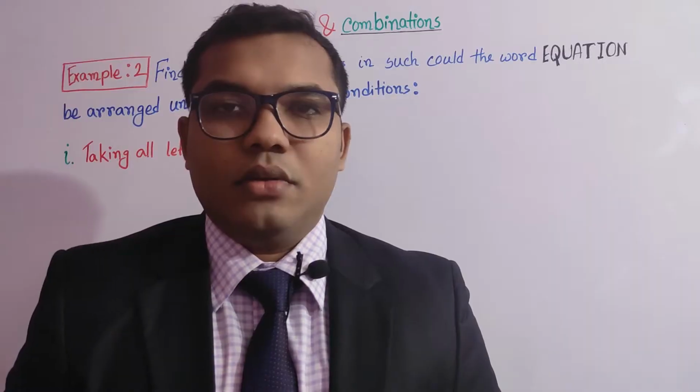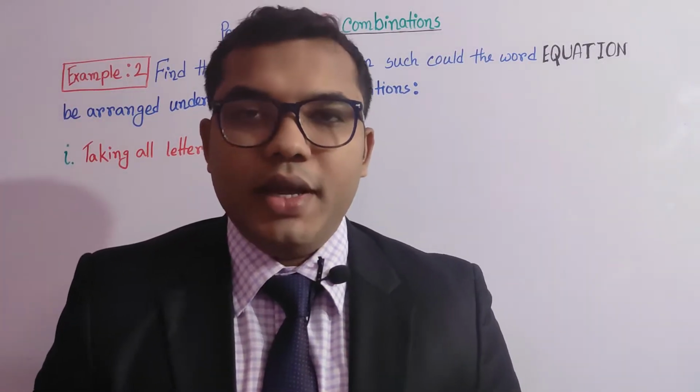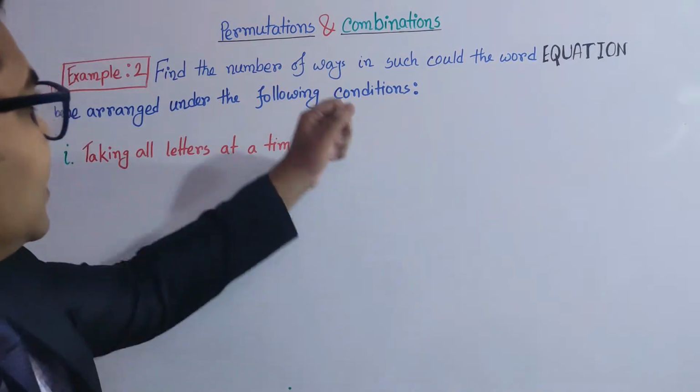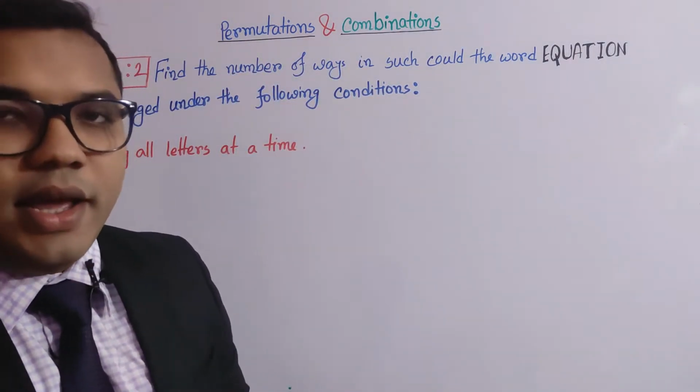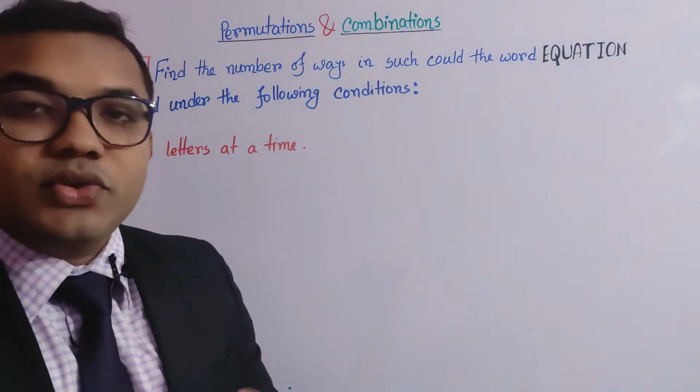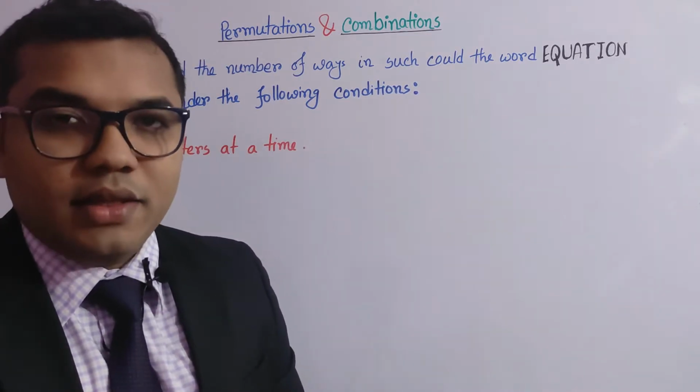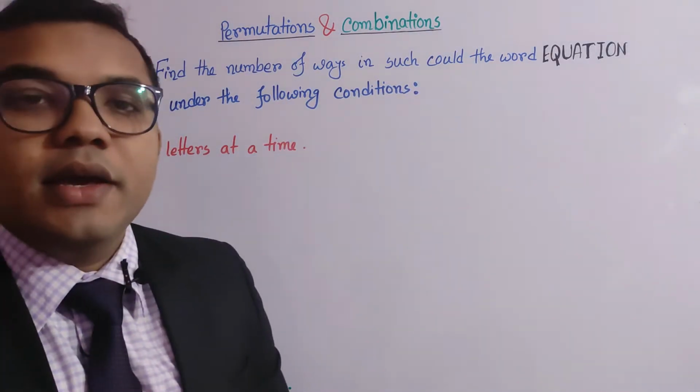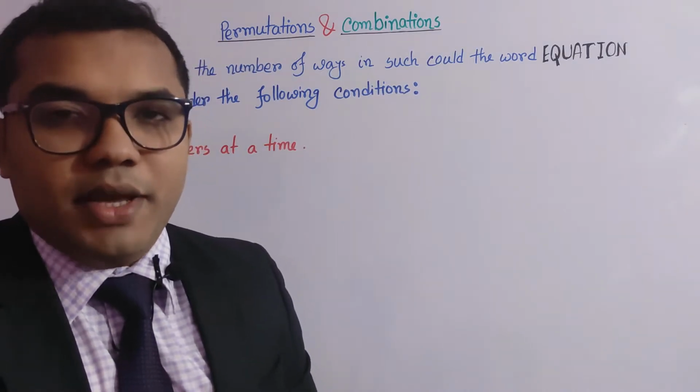Okay, let's have a look at today's class. So dear students, today our discussion topic is permutation and combination, and in this chapter we are trying to focus on one math, and this math represents all types of methods.